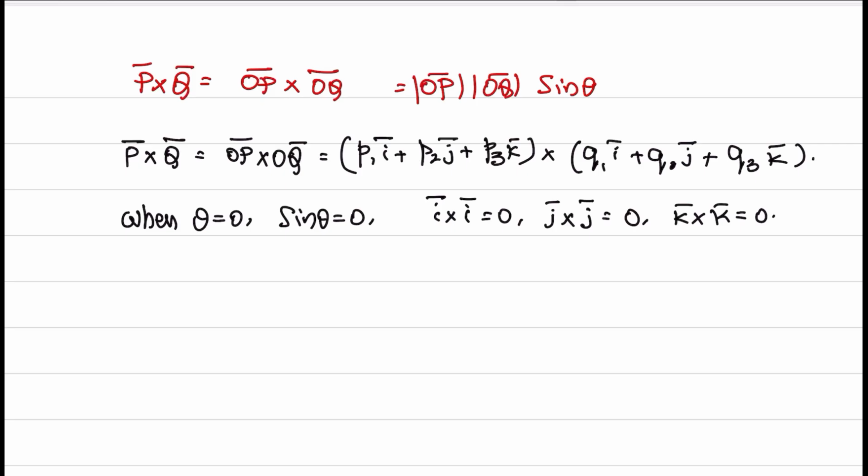When different unit vectors are multiplied, how do we calculate the cross product? For that, there is one formula. Instead of going into the details of proving that formula, because in examinations like NEET and JEE we are not required to prove the theorems, we have to take only the final values.